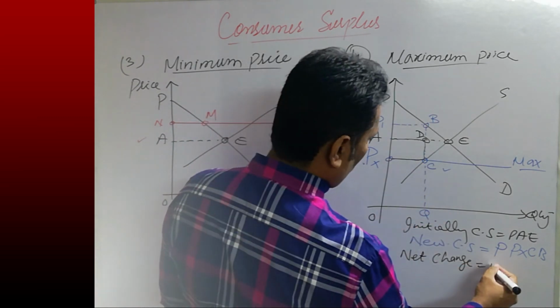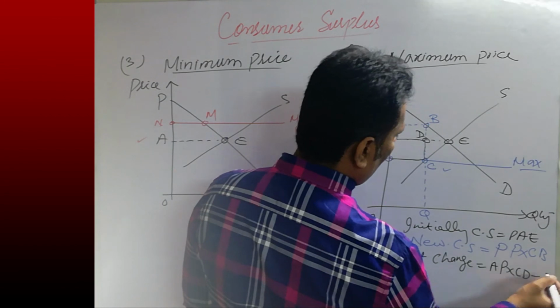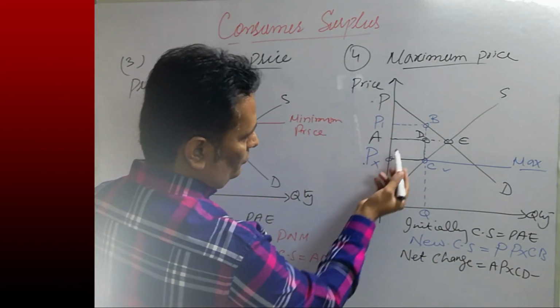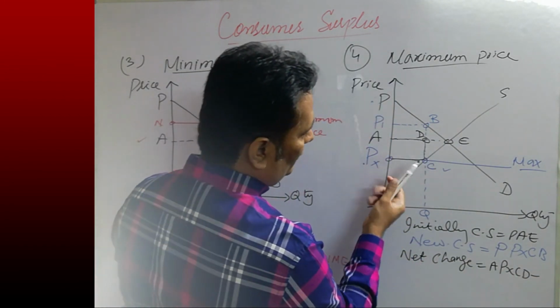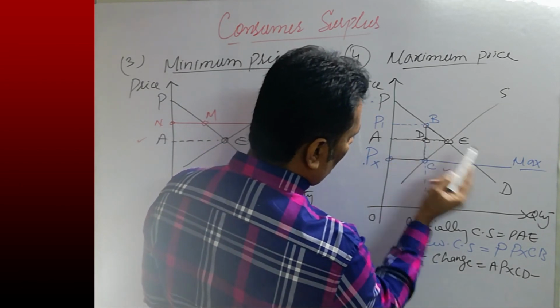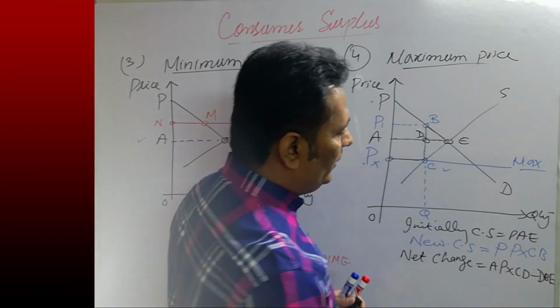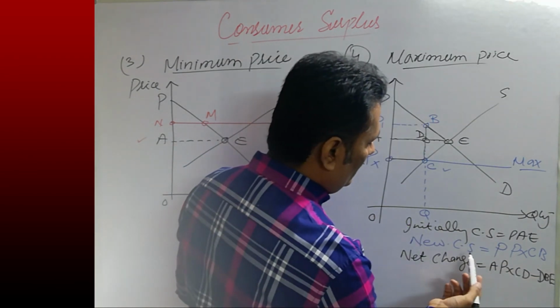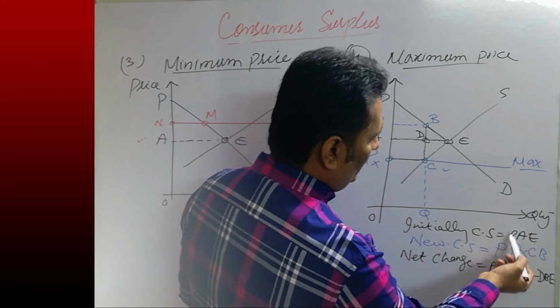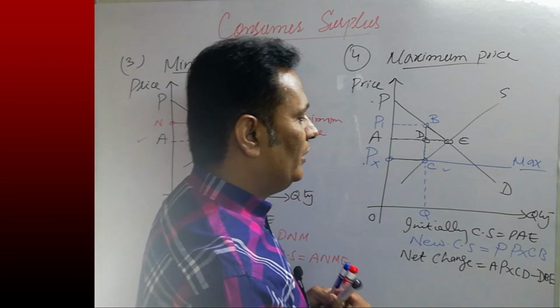So we will write this area A, PX, C and D is the area which has been added to the consumer surplus, but this is the area which we have lost as well. So we will deduct it, that is DBE. So the net effect of this area can be equal to the area PAE, it can be lesser than PAE, or it can be more than PAE.